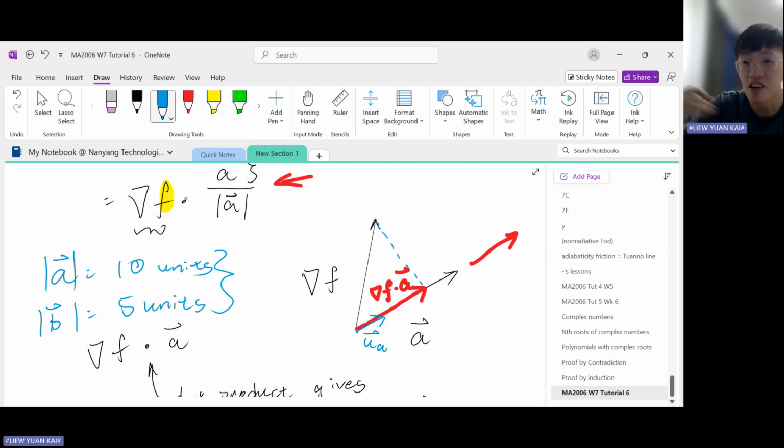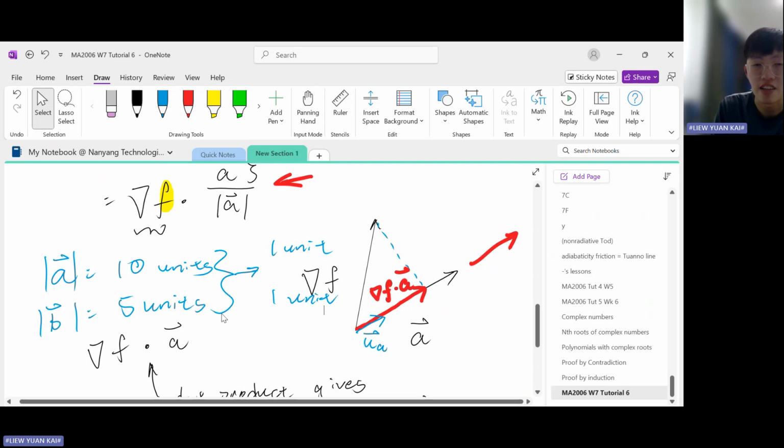If I have a longer vector to project on, then that projection will be longer as well. So to make it fair, we turn them all into unit vectors so that they are converted into 1 unit and 1 unit. The only thing that we keep is the direction. This is what makes it fair.